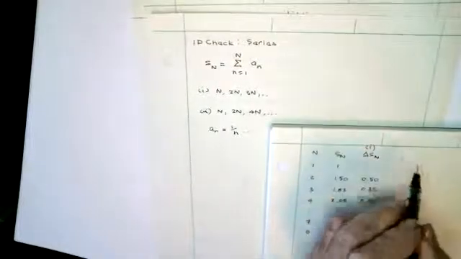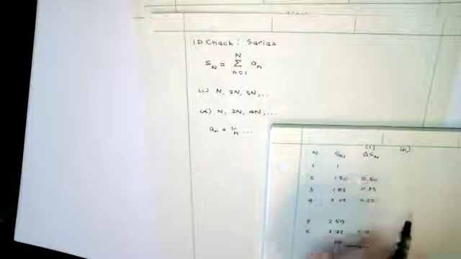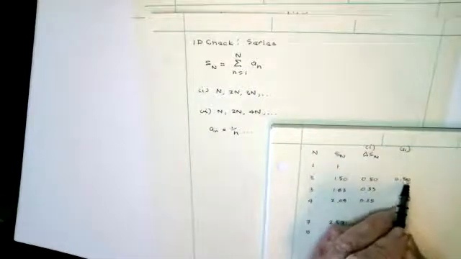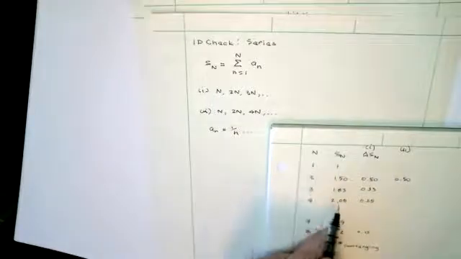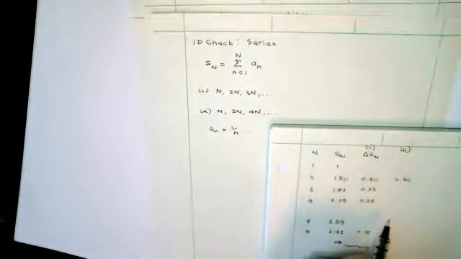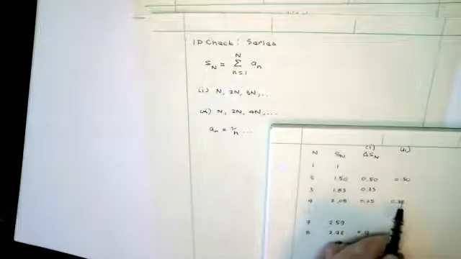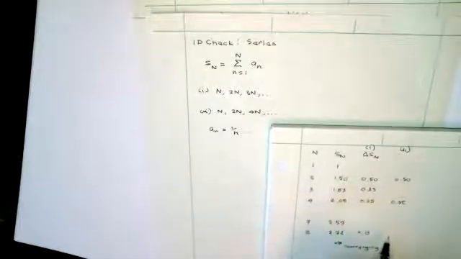If, on the other hand, we did it with scheme 2, then between 1 and 2, we get 0.5, just as before. Between there and here, we get 0.58. Between here and here, we get 0.64.